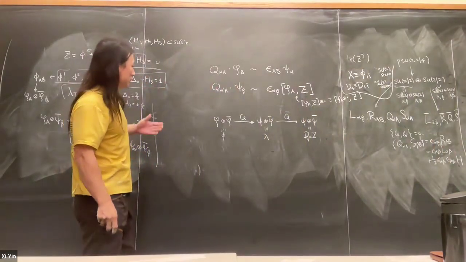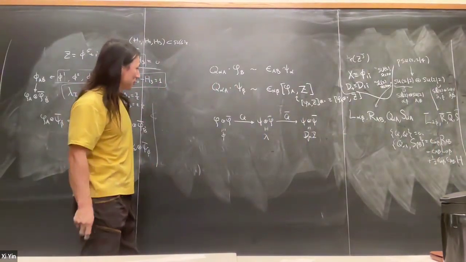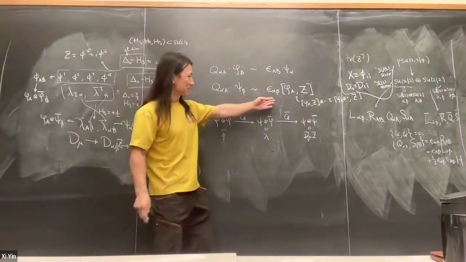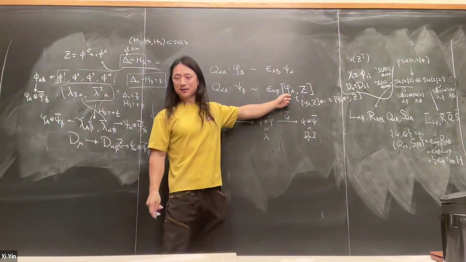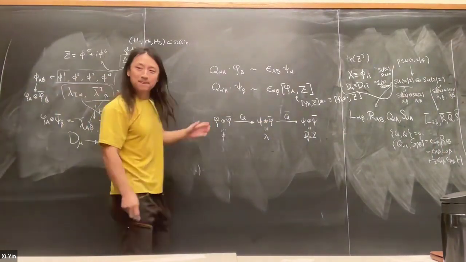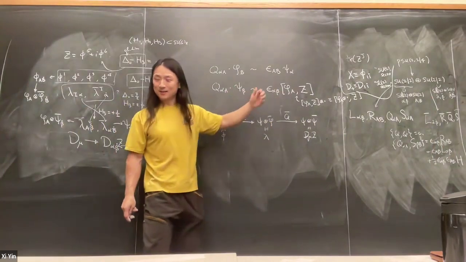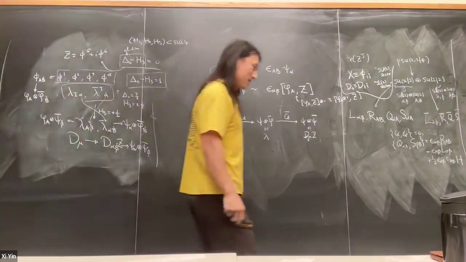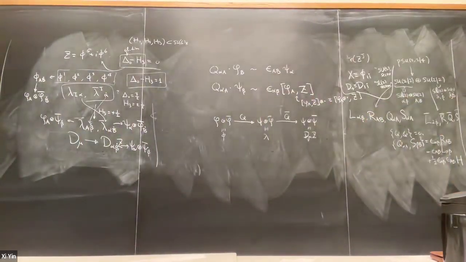If you want to talk about the magnon state transforming under the algebra, you do not want to work in a position basis, because this commutator is going to move this phi up and down the chain. You should pass to the momentum basis so that this commutator gets diagonalized. So let's do that.